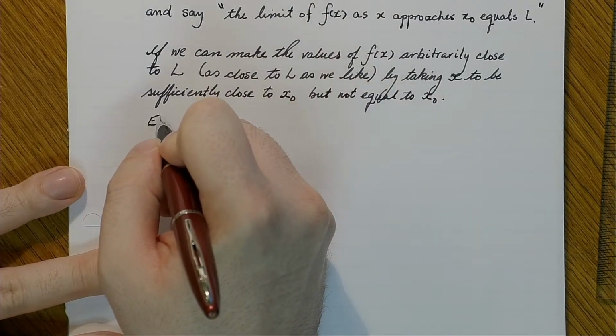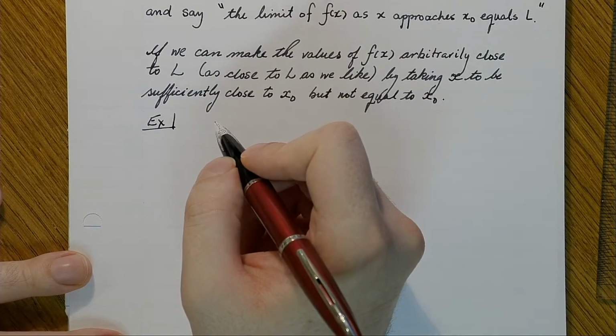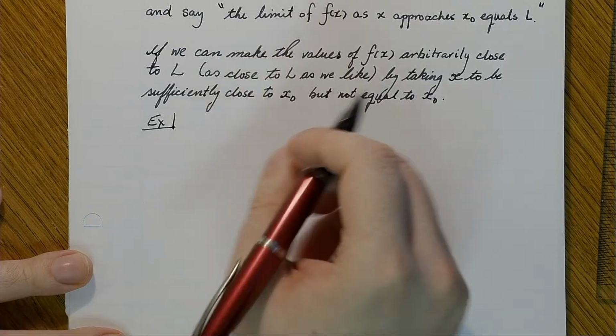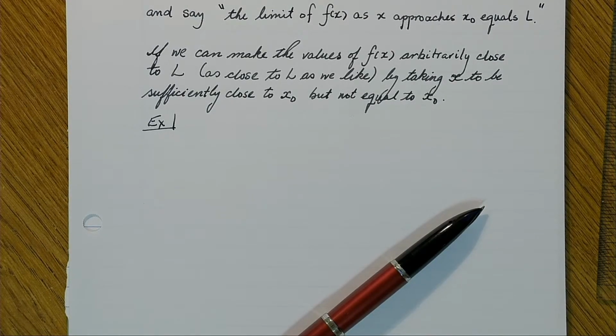Okay. So here's an example. Let me pull up the graph of x minus 3 over x squared minus 4x plus 3.